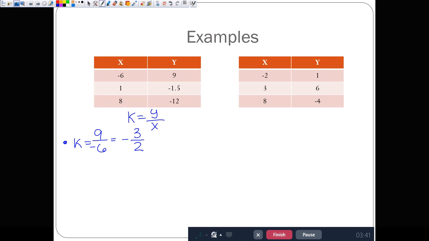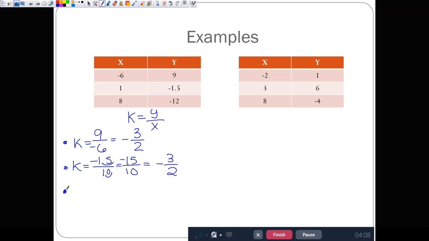Okay, so now I'm going to do my next ordered pair, where k equals -1.5 over 1, which I would have to make into 15 and 10, and then that reduces to -3 over 2. We don't have decimals in fractions.